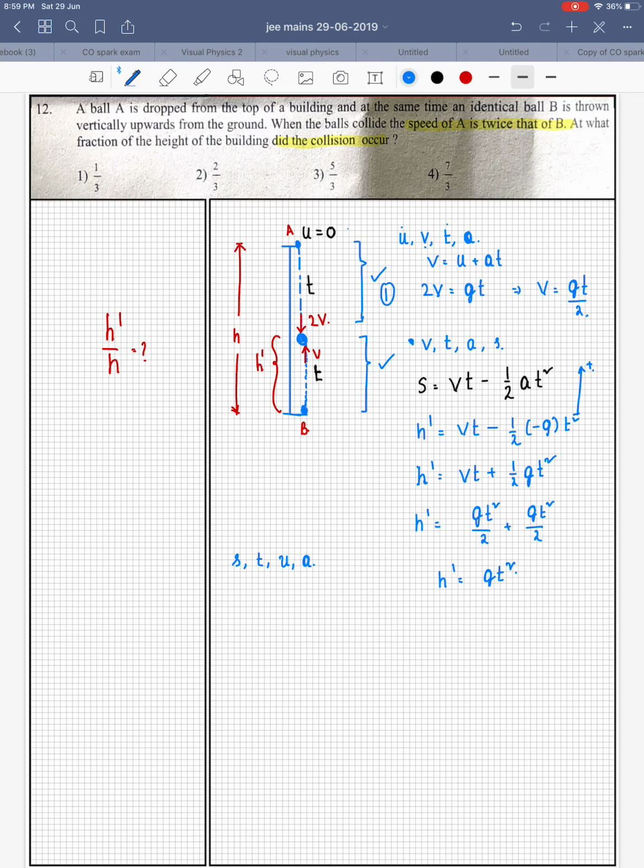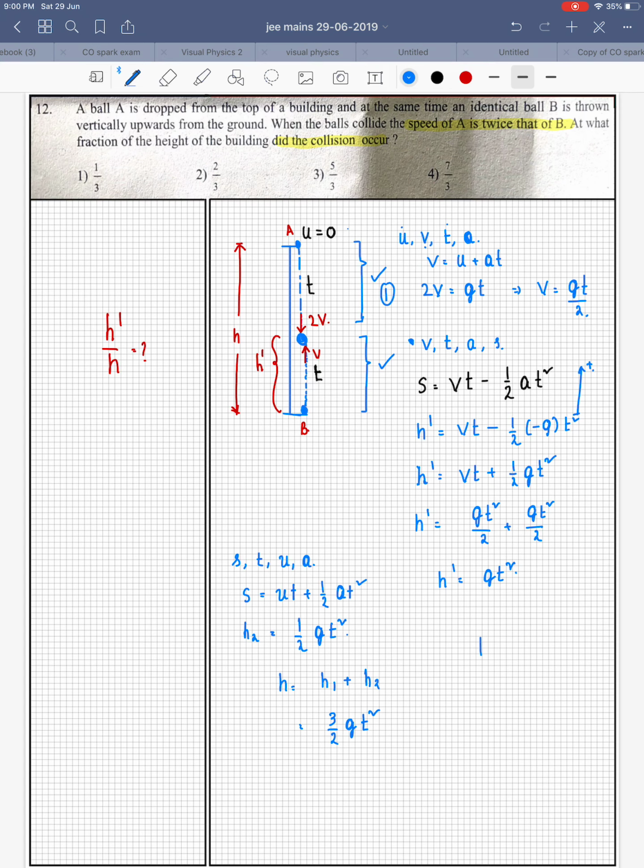So I will go for s equals ut plus half at square. My s is maybe h2 equals ut, which is 0, plus half g t square. So h2 is half gt square. The total height h equals h dash, or h1, plus h2. So you get 3 by 2 gt square.